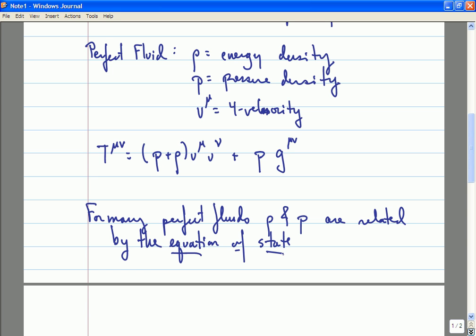For an ideal gas, for example, there are various equations that relate the energy density and the pressure density.